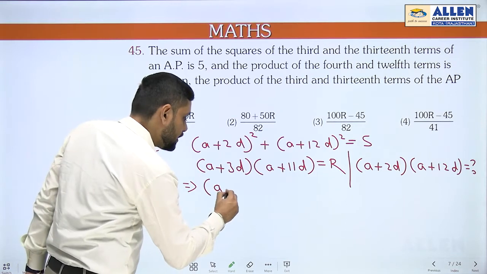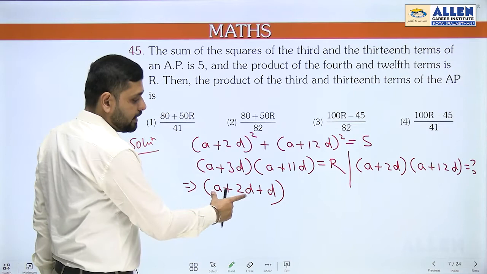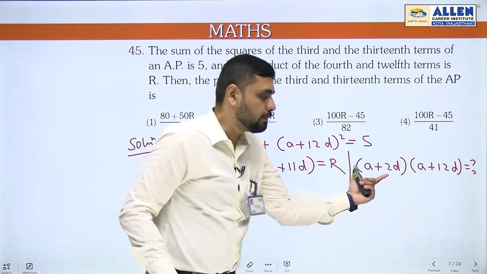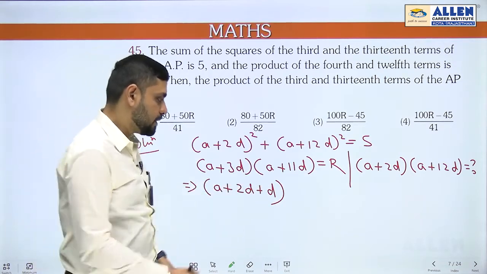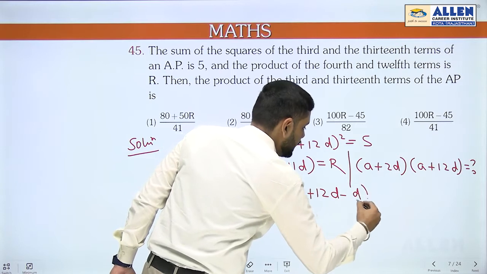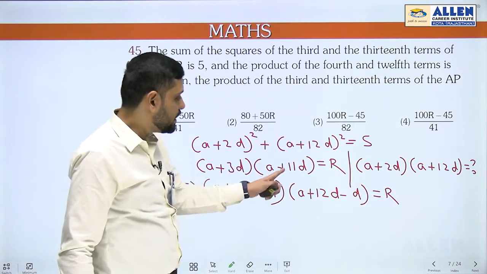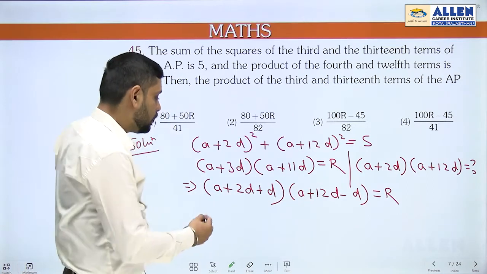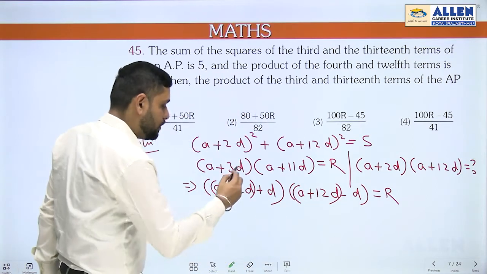In this way we can write it down as a plus 2d plus d. Why have we taken a plus 2d? Because we require a plus 2d. That's why we have converted into a plus 2d plus d, and here we can write it down as a plus 12d minus d equal to r, because we require a plus 12d. Now we'll take this term as one term and open the bracket.